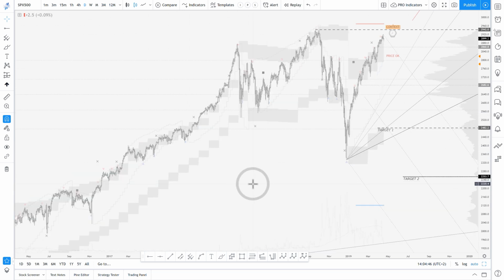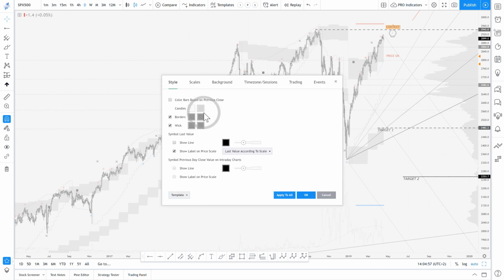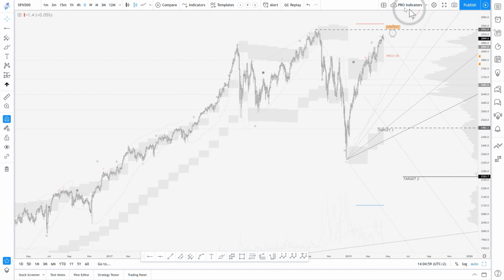So I suggest one thing for beginners: when it is about identifying the context, just delete prices. There's a simple way to do it in TradingView, using the specific template I'm sharing with you guys. You can copy it, and normally you should have these two things.